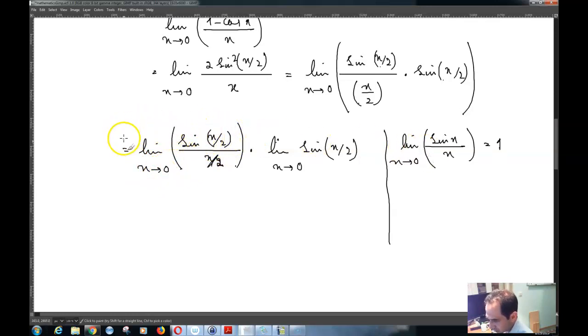So you can use the same theorem that we had over here to write this part as 1.